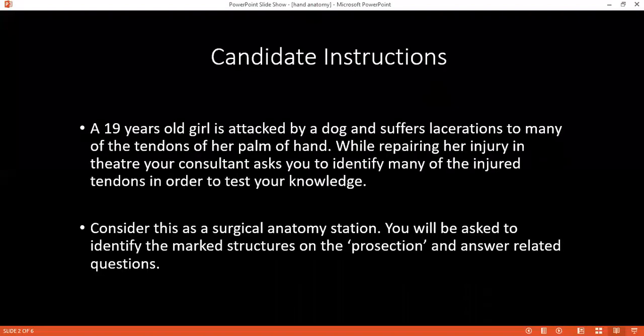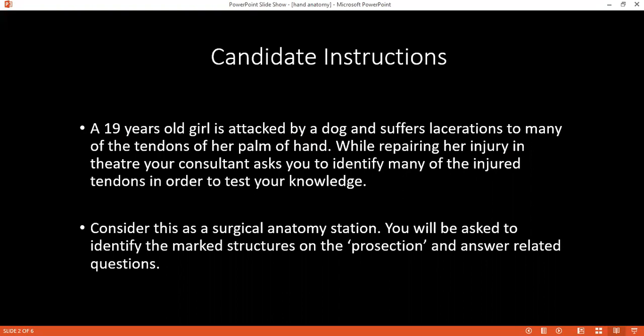Yes, and here is your question, please. Right, so if you have read and understood, considering it's a surgical anatomy station, kindly identify what you are looking at.